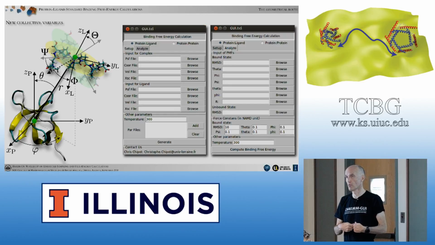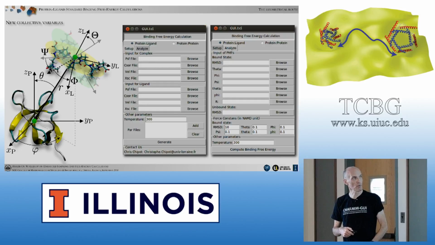So you just have to upload that on your server, or even do it on your laptop. And then once these calculations are done, you invoke the GUI a second time, but this time to do the analysis. You have your setup, and here you have analyze. And now the only thing you have to do is specify where the potentials of mean force are, the .pmf files.